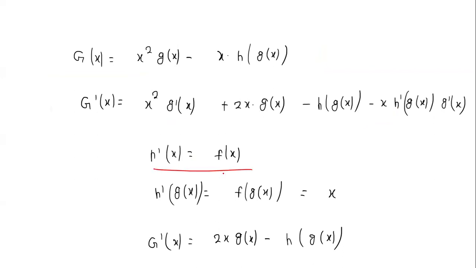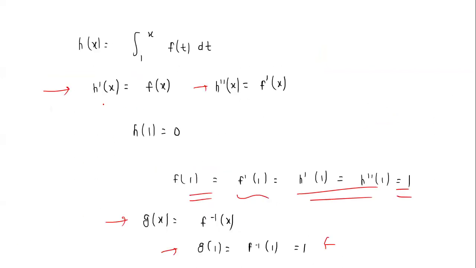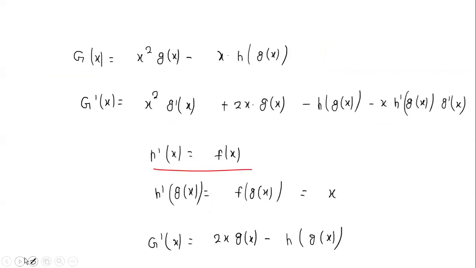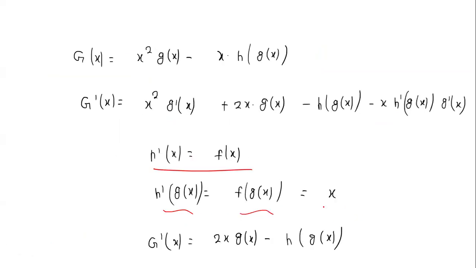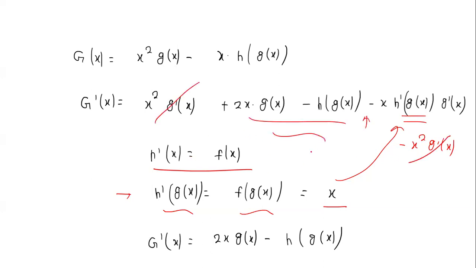Now you know this h dash x is f of x from this. So this h dash g of x will become f of g of x, and we know g of x is the inverse of f, so f of g of x is equal to x. So we can directly put h dash g of x as x. So if you put x here, it will become x square g dash x with a minus sign, and this will cancel with this. So the final remaining thing is these two terms.